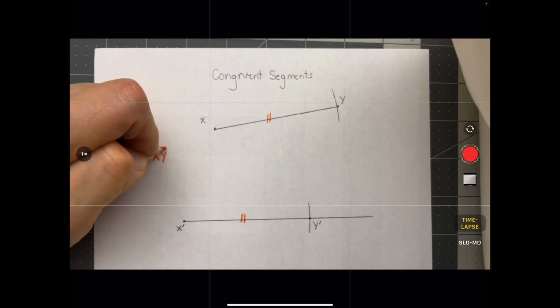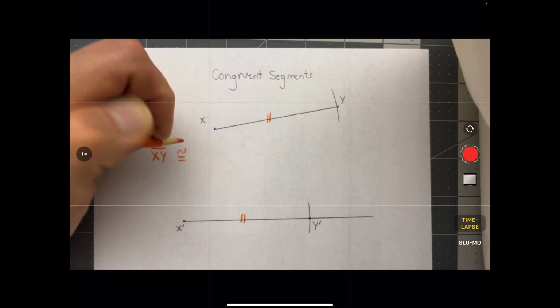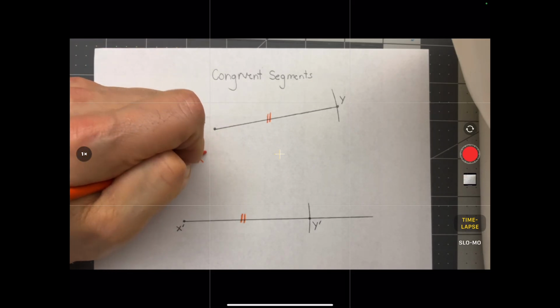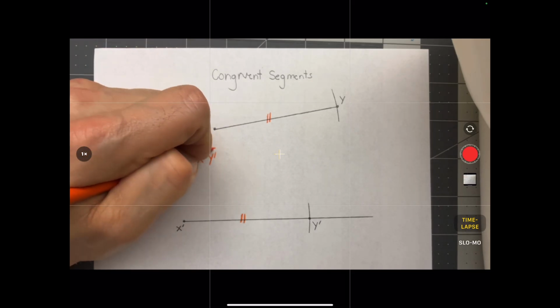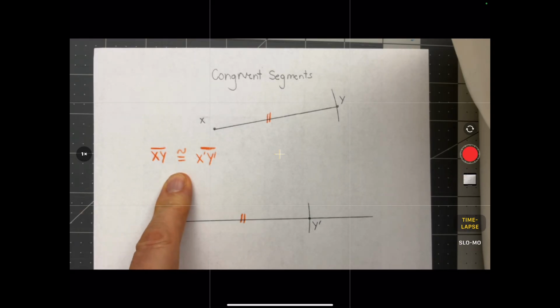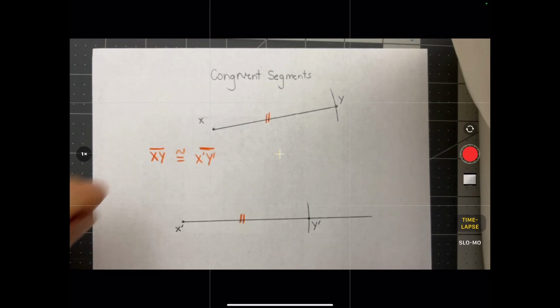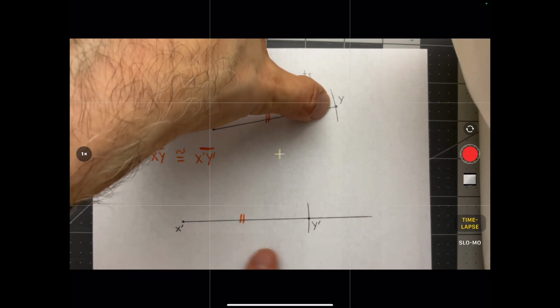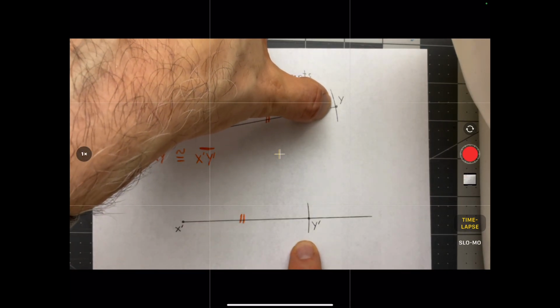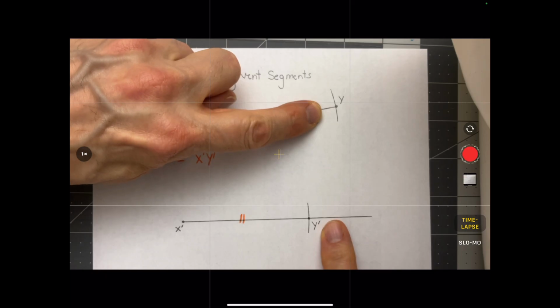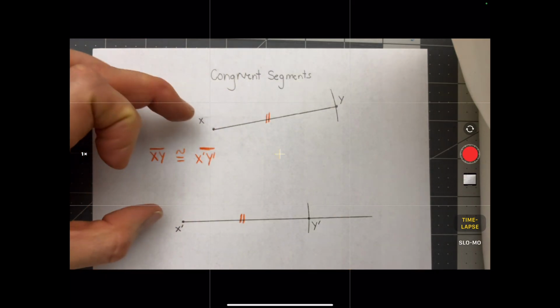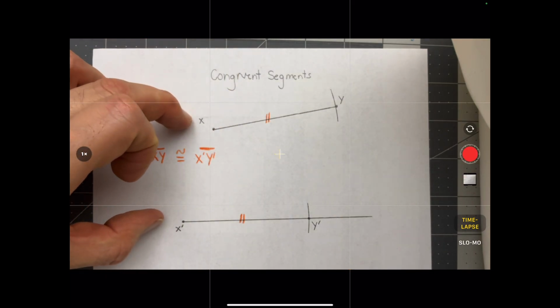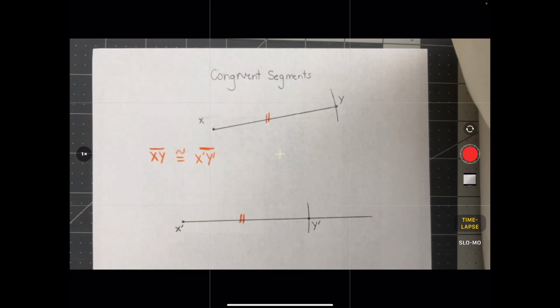Line segment XY is congruent to line segment X prime, Y prime. This here is my conclusion, and these are the two figures. Notice my arc mark here and my arc mark here. When you see arc marks similar to these on line segments, you know that we have created two congruent line segments.